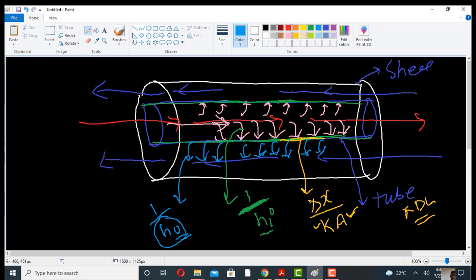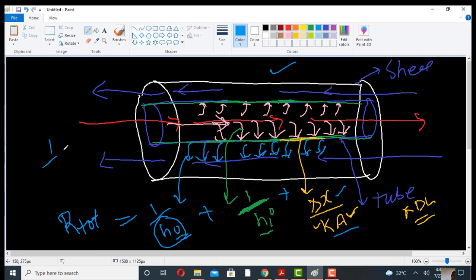Ho is the outside heat transfer coefficient. So there are three resistances provided to the heat transport in the shell and tube heat exchanger: 1 divided by Ho, 1 divided by Hi, and delta x divided by KA. If we combine all these three resistances, then we will get the total resistance.